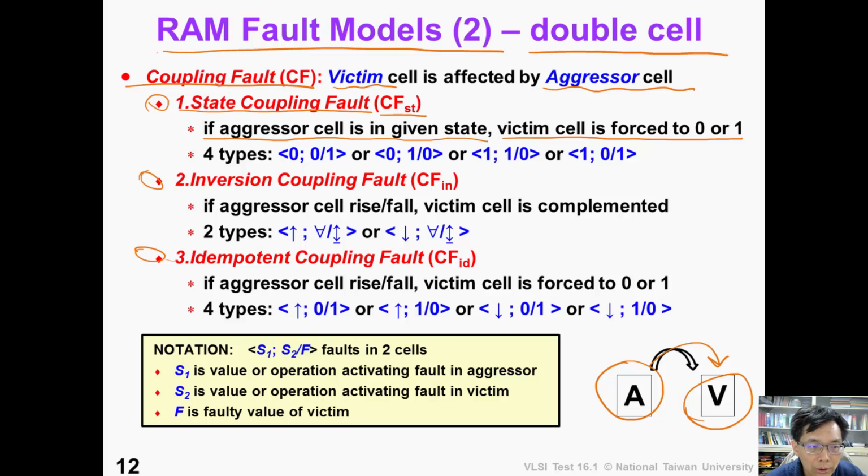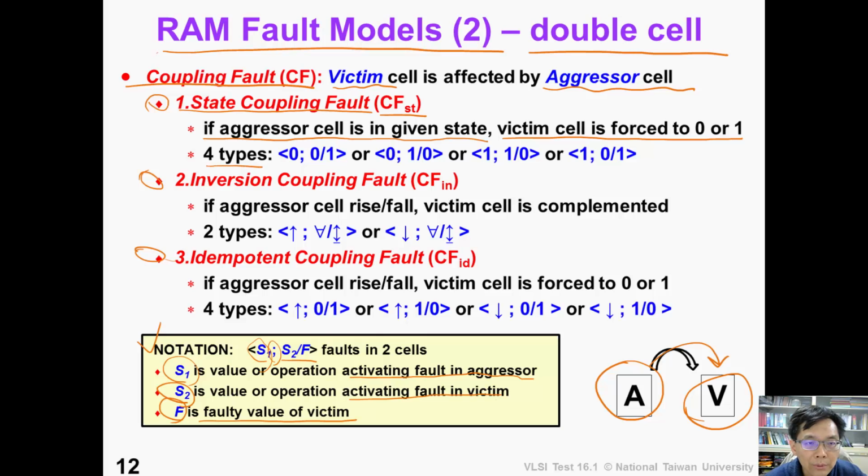For coupling fault, we use this notation: S1 followed by semicolon S2/F, where S1 is the value or operation to activate the fault in the aggressor cell. S2 is the value or operation to activate the fault in the victim cell. And F is the faulty value of the victim cell.